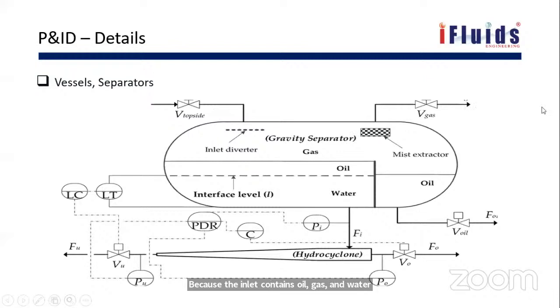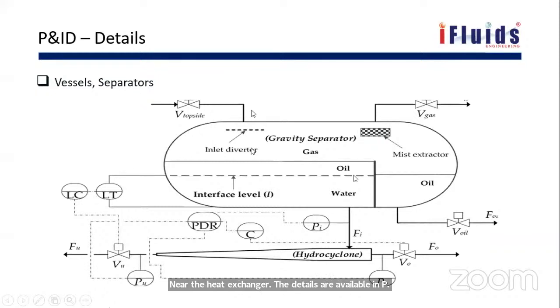Heat exchangers. The heat exchanger symbol will be shown as per TEMA. All the inlet and outlet nozzles will be marked. Heat duty, how much energy is exchanged, is clearly shown near the heat exchanger. The details are available in the P&ID.